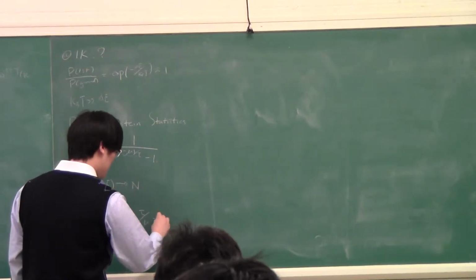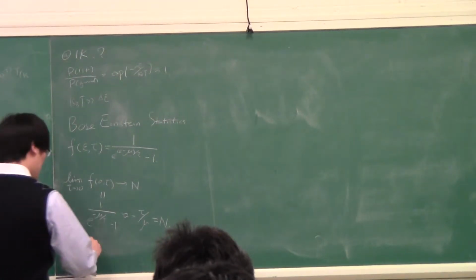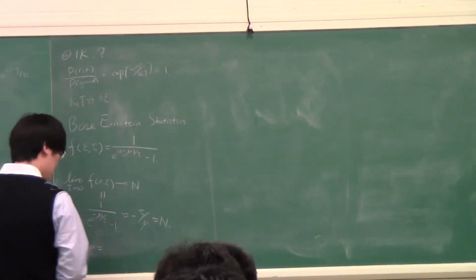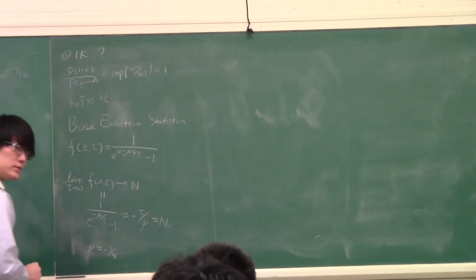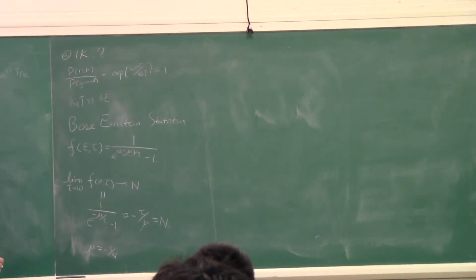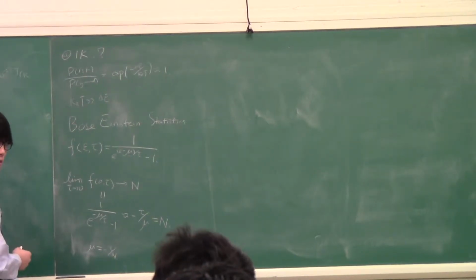And we're saying that this is N in the low temperature limit. So we see that the chemical potential is equal to minus tau divided by N. First of all, you see that for a many-boson system, to conserve the number of particles, it only makes sense that the chemical potential is a negative quantity.